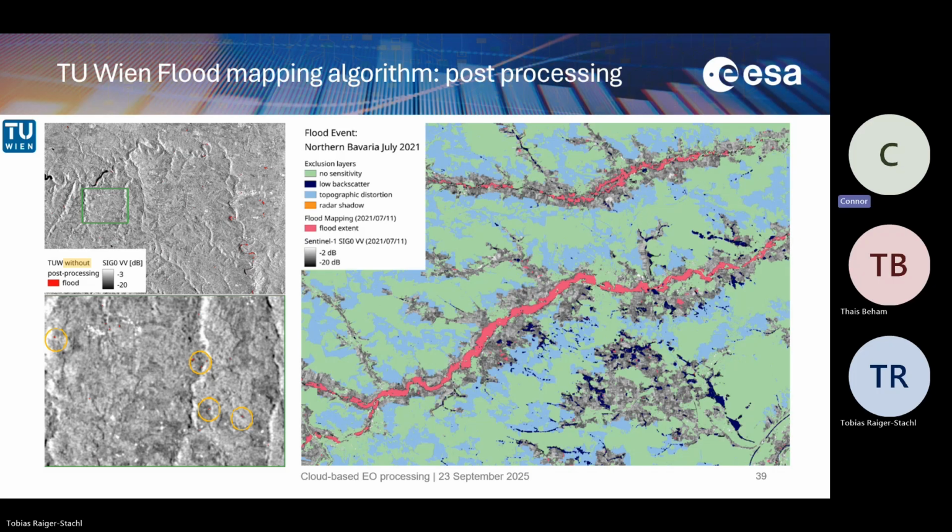And for the same reason, we also have topographic distortion. The backscatter value on a topographically distorted surface is really difficult to handle. So we also have to be fair about that and discriminate these areas.